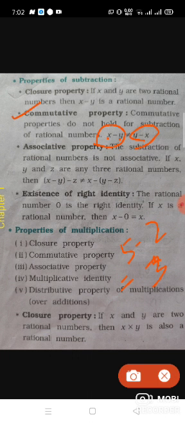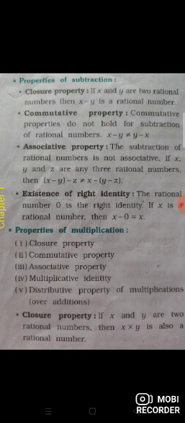But if we take y equal to 2 and x equal to 5, then 2 minus 5 is equal to negative 3, and you can easily see that 3 and negative 3 are not equal to each other. That's why x minus y is not equal to y minus x. So the commutative property does not hold for subtraction.